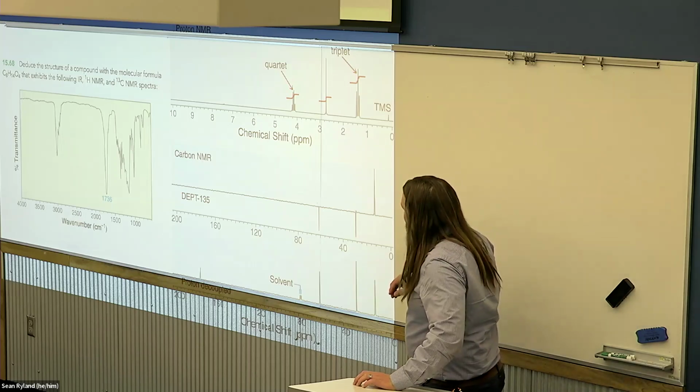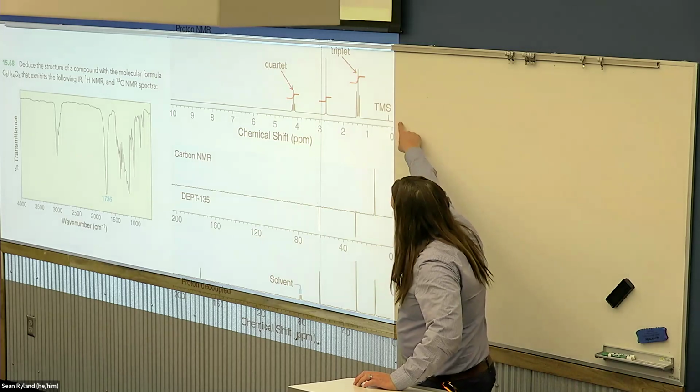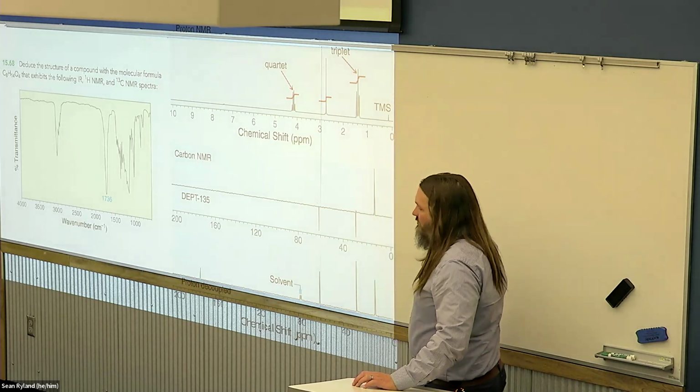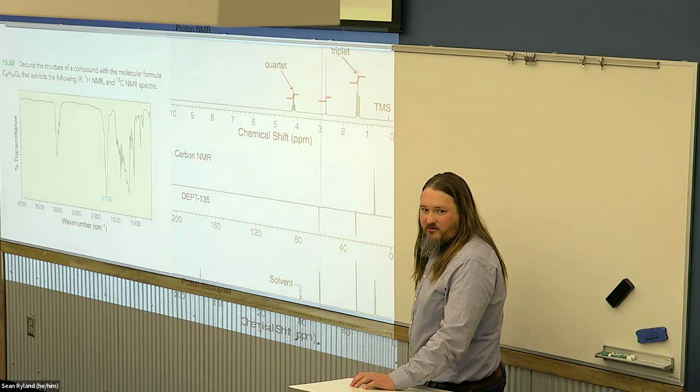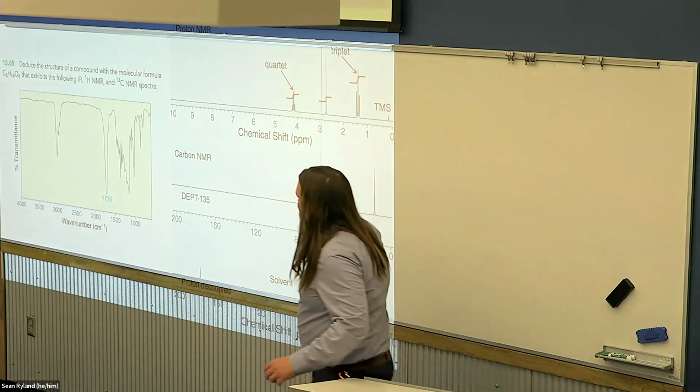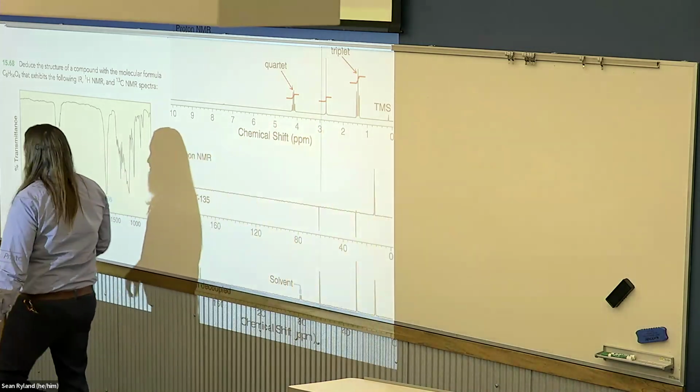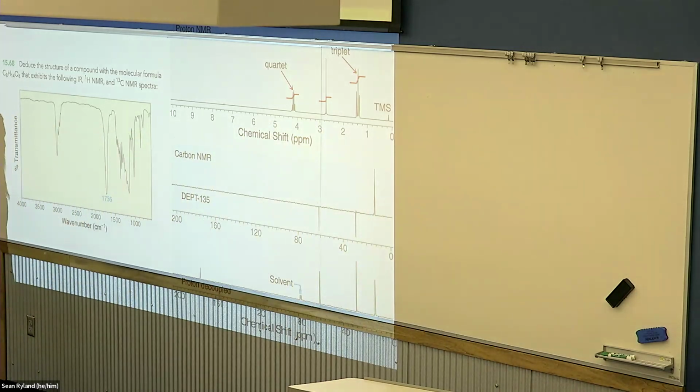The other thing we can tell about this: look how few signals there are in the proton NMR. We've got 14 hydrogens, but only 3 signals. What does that tell us? Symmetry. This is going to have a large degree of symmetry.